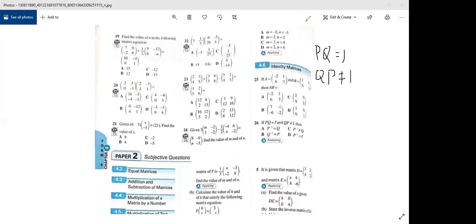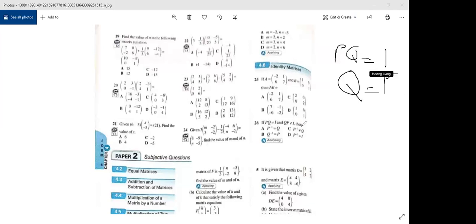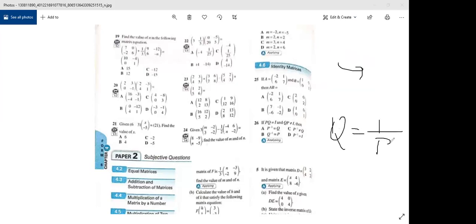Okay. So the answer is A, I think. A. The answer is A. Yeah, P negative 1 equals Q. Because I think PQ equals 1 and then Q equals P negative 1. I think so. The answer should be like this. Answer is C or A.